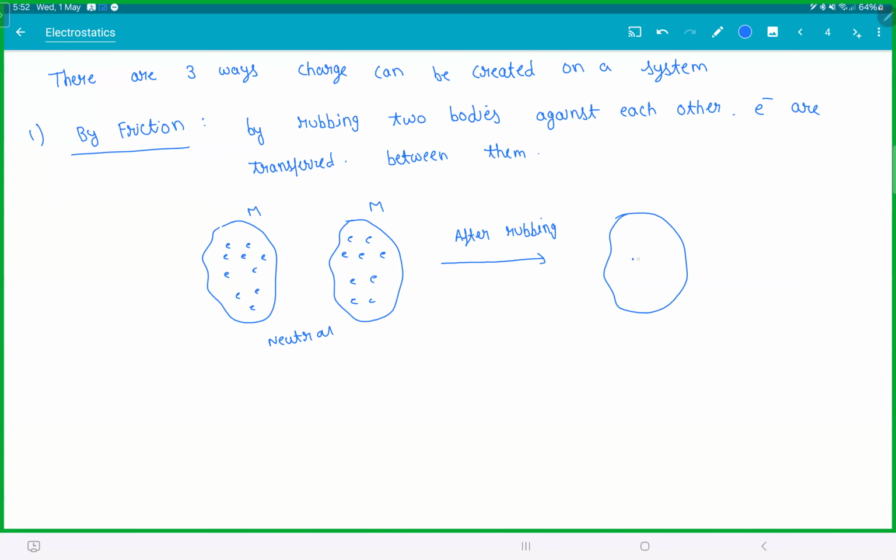The one who becomes positively charged will have mass m minus dm because the electrons have gone from here to here. Whenever you say positive charge, it means you didn't gain positive charge, you actually lost electrons. This guy will become the equal same charge. This guy's mass will be m plus dm. There's a slight change in mass. The total charge is still constant.